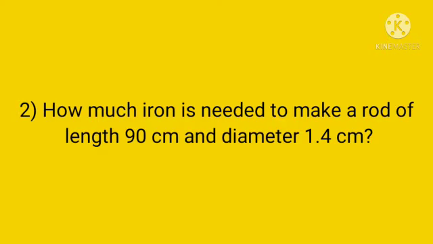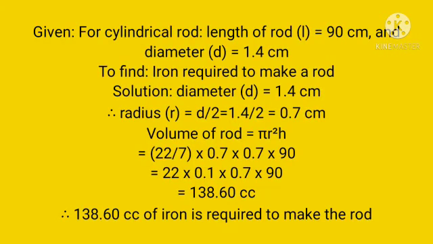Question number 2. How much iron is needed to make a rod of length 90 centimeters and diameter 1.4 centimeters? Given for cylindrical rod, length of rod L is equal to 90 centimeters and diameter D is equal to 1.4 centimeters.